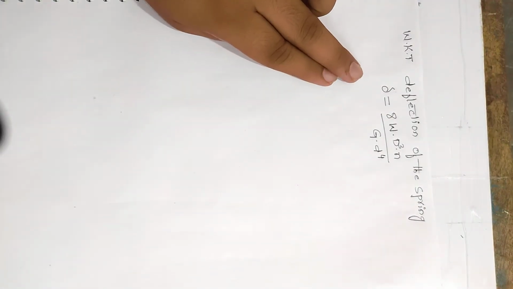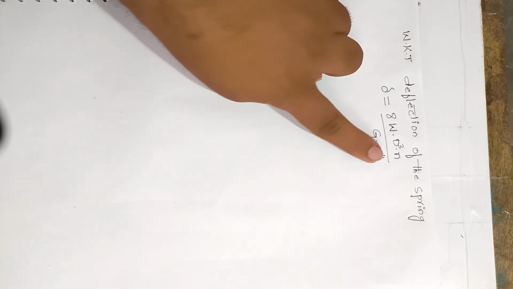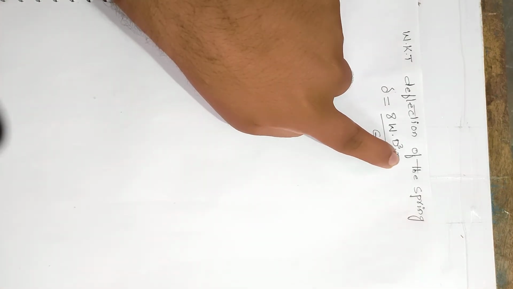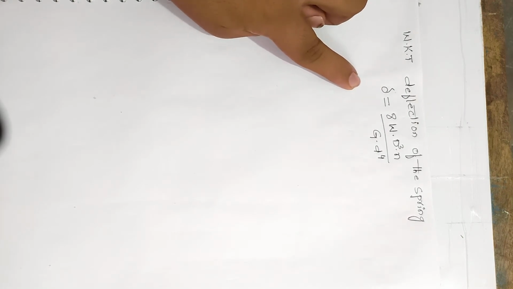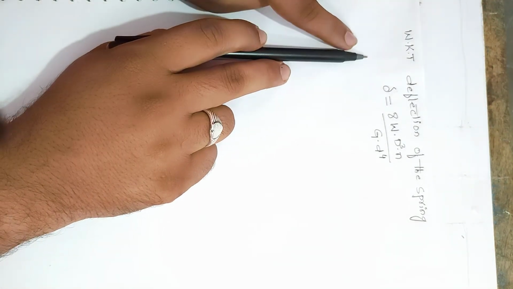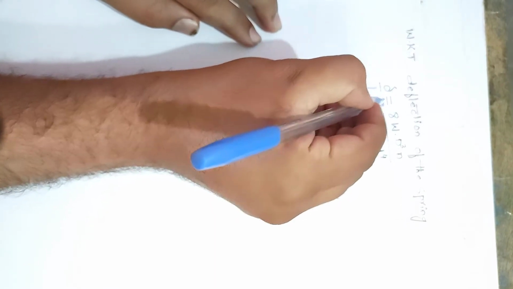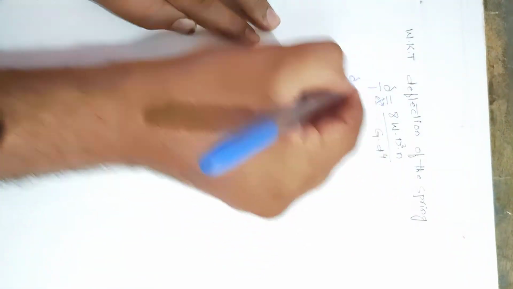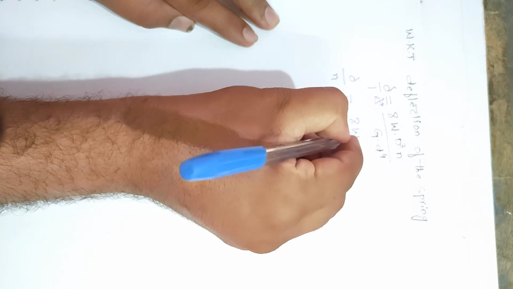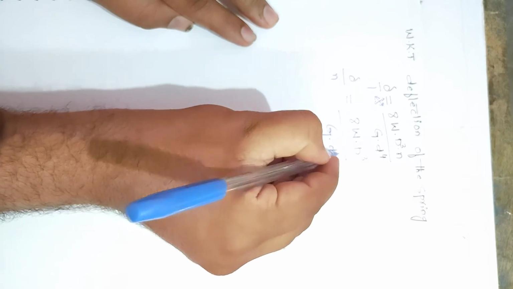In this case we don't know the value of delta, and we don't know the value of n. If you divide delta by n, what can we say? Deflection per active turn. So you need to cross multiply like this: delta by n equal to 8W into d cube by g d power of 4.